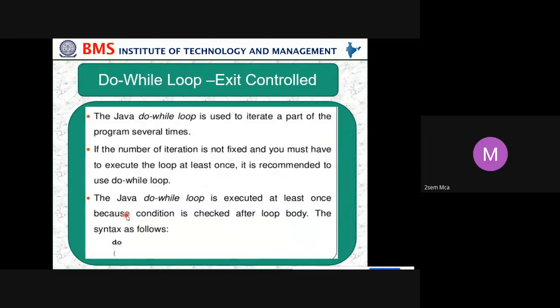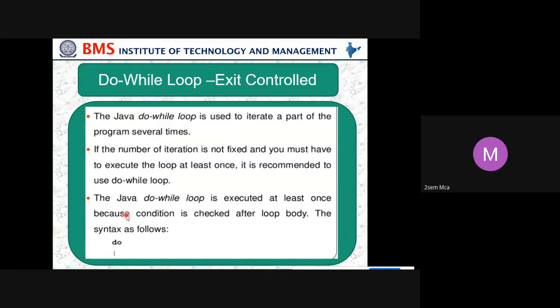Then the do while loop. This is called exit control. The Java do while loop is used to iterate a part of a program several times. If the number of iterations is not fixed, then we can go for a while or do while, which we have seen in the difference. But why do while, you may ask?